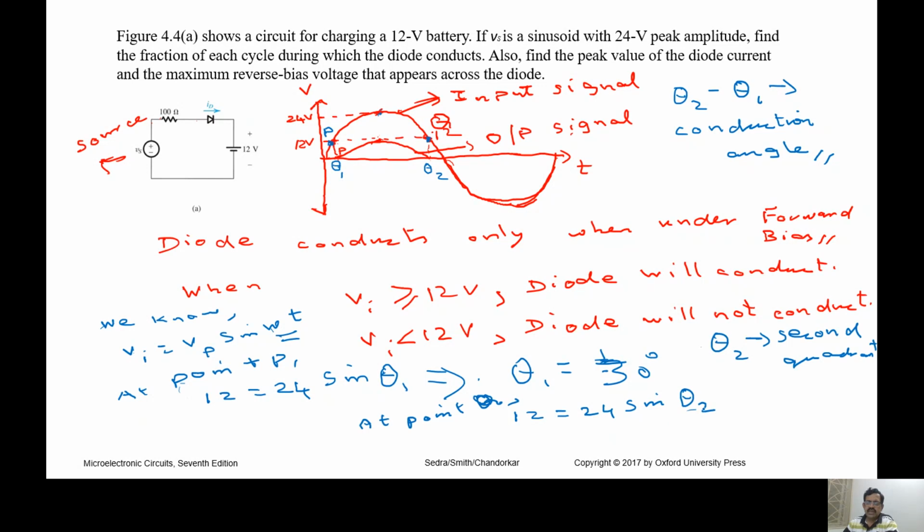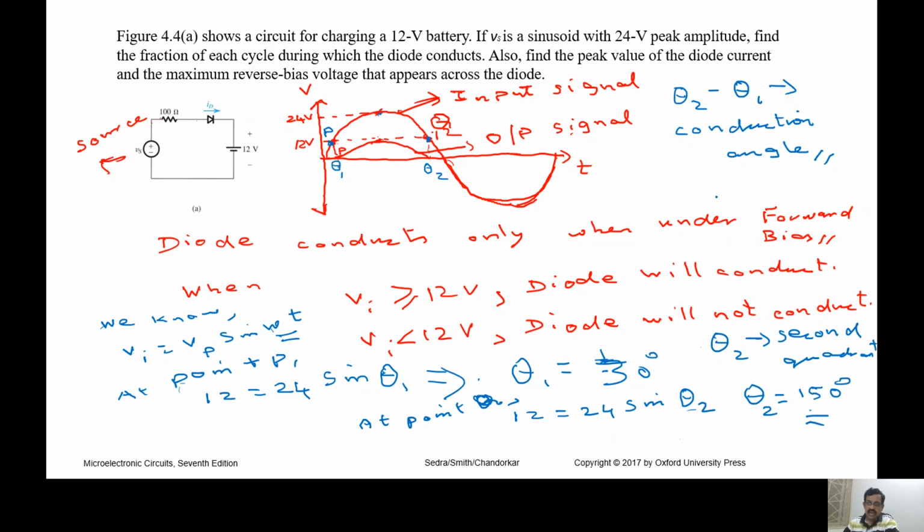At point Q, 12 equals 24 sin theta 2, but theta 2 is in the second quadrant, and we know that sin values are positive in the second quadrant. So theta 2 will be equal to 150 degree, because sin of 180 minus theta 2 is sin theta 2, and we have to get 30 degree here, which means theta 2 will be 150 degree.